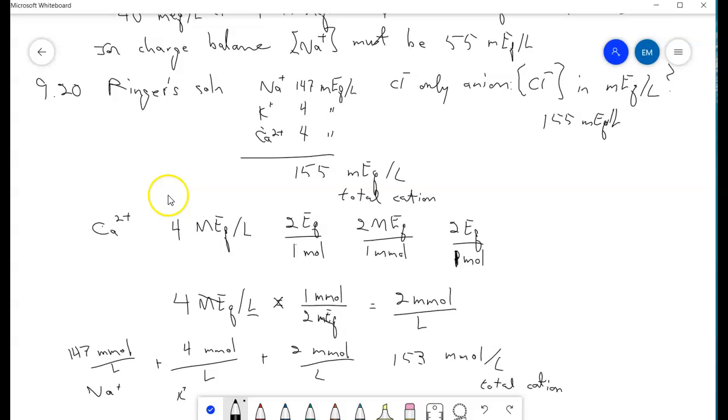I'm just showing you that there's a difference between these, and you might run into it now and then. But so far, they haven't asked you to convert equivalents to moles. I just decided I'm going to do some problems and let you see me work them.